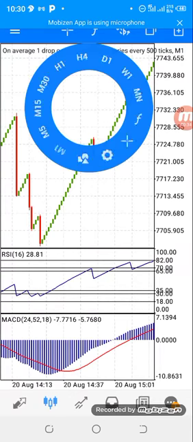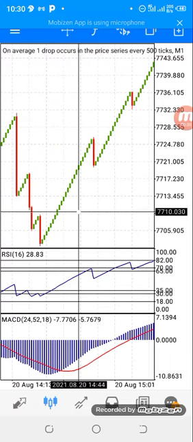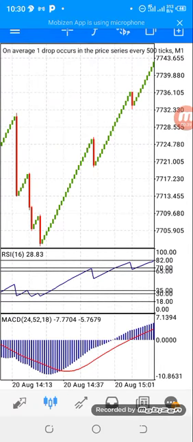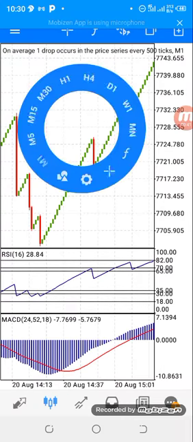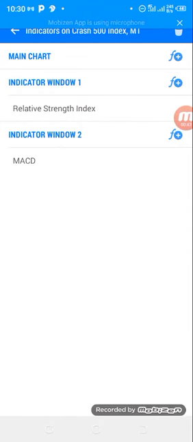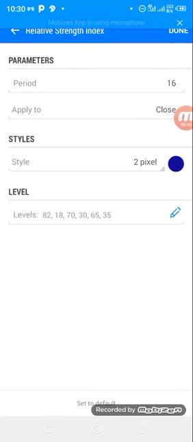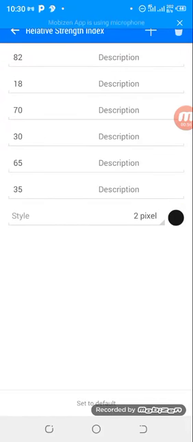The first indicator is the relative strength index. I use relative strength index 16, apply to close, 2 pixel, and we have 82, 18, 70, 30, 65, and 35.